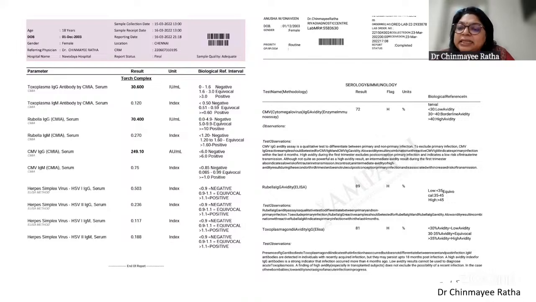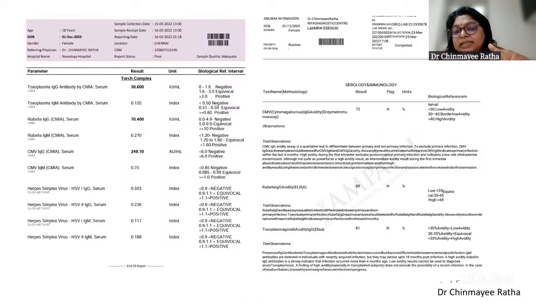And now if the IgG increases, it really doesn't mean anything unless you have a recurrence where you have a serial increase of the IgG and also a concurrent IgM increase. But a recurrent infection always has a milder phenotype because you really don't have that severity in secondary infections.